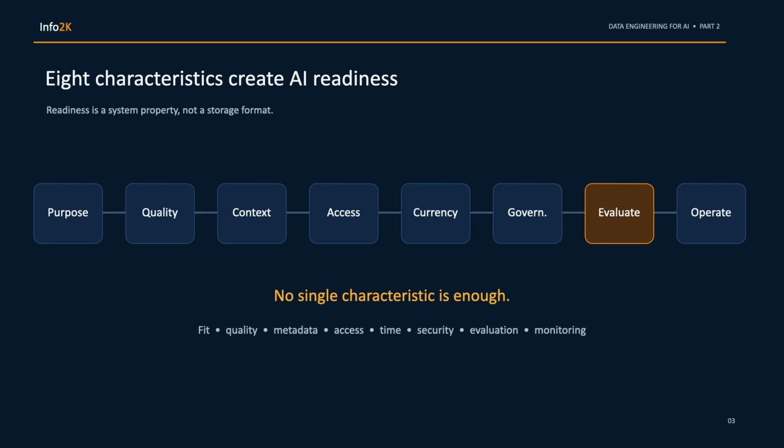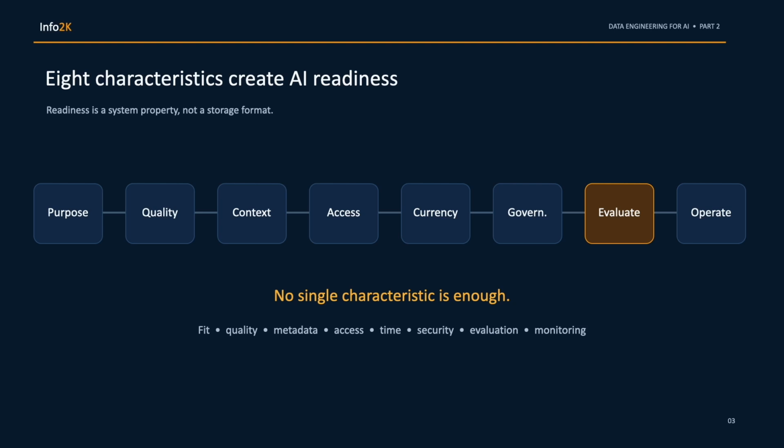Fourth is access. Authorized teams and systems must be able to discover and retrieve the data through reliable interfaces. Fifth is currency. The system must distinguish current information from historical or superseded information.